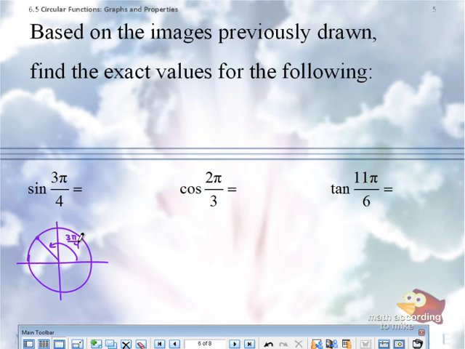So what is the reference angle for 3 pi over 4, in radians? Pi over 4. Okay. So the sine of pi over 4 is going to equal the sine of 3 pi over 4, because in quadrants 1 and 2 sine is positive. So what is the sine of 3 pi over 4?